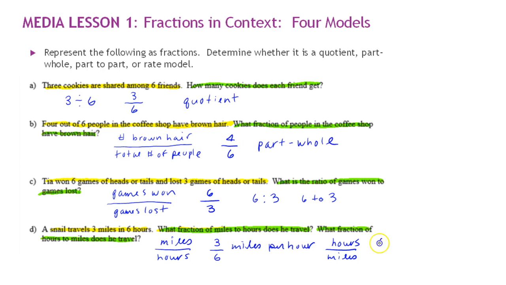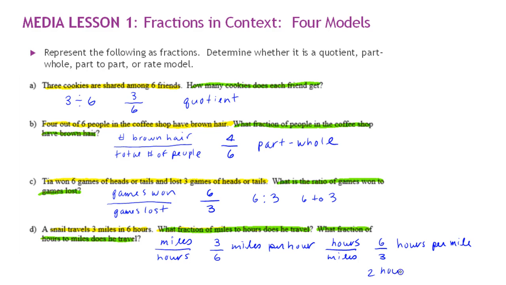So that would be 6 over 3 hours per mile. Okay. And notice that 6 over 3, if we think of this in terms of division, so we can move between these, and it's sometimes helpful, 6 divided by 3 is 2. So you could also interpret this as it takes a snail 2 hours to go 1 mile.